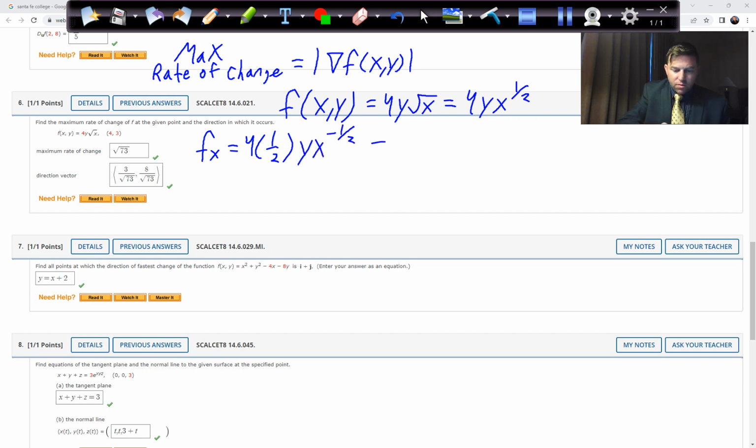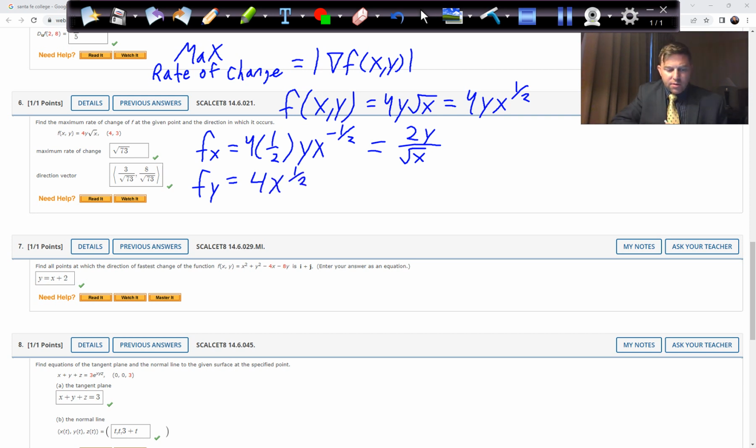So the 4 and the 1/2 are going to become 2, and we're going to get 2y on top and the square root of x on the bottom. So that would be the partial derivative of f with respect to x. Fy is going to be, now y is the constant, this one's a little easier, so it's just going to be 4y goes away, x to the 1/2.